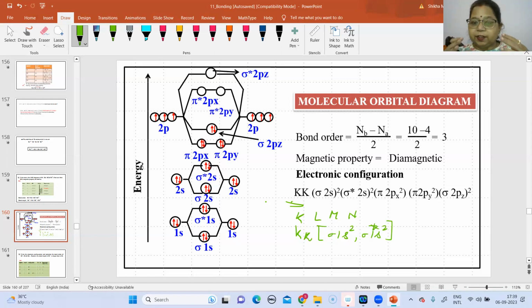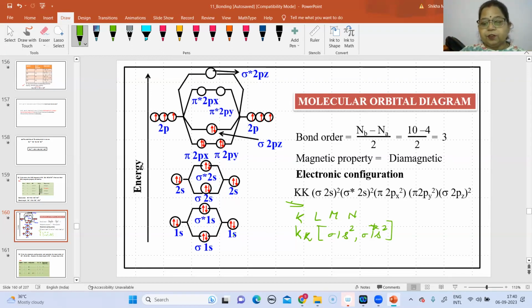So that is the significance of KK. Sometimes in your books, you will find this type of nomenclature or structure, right? Magnetic property, bond order, you can calculate.